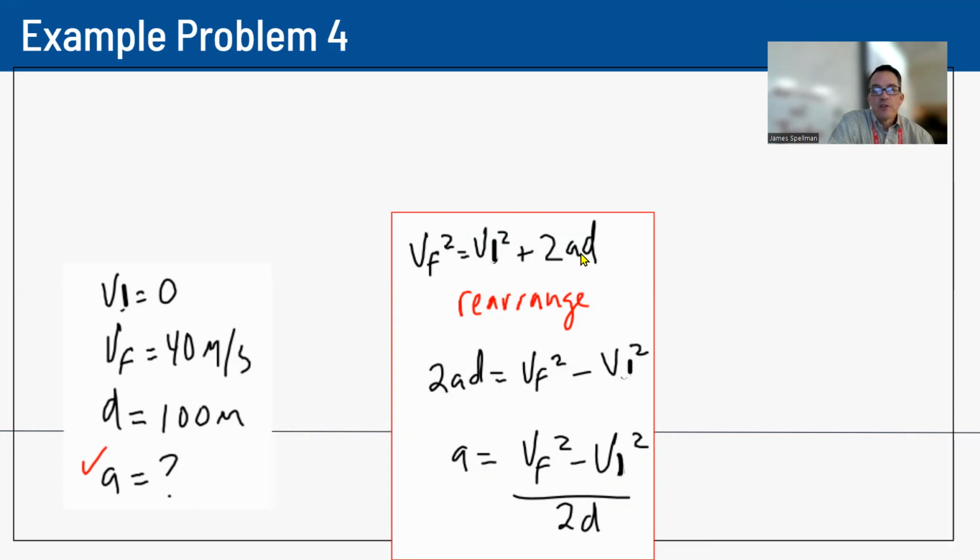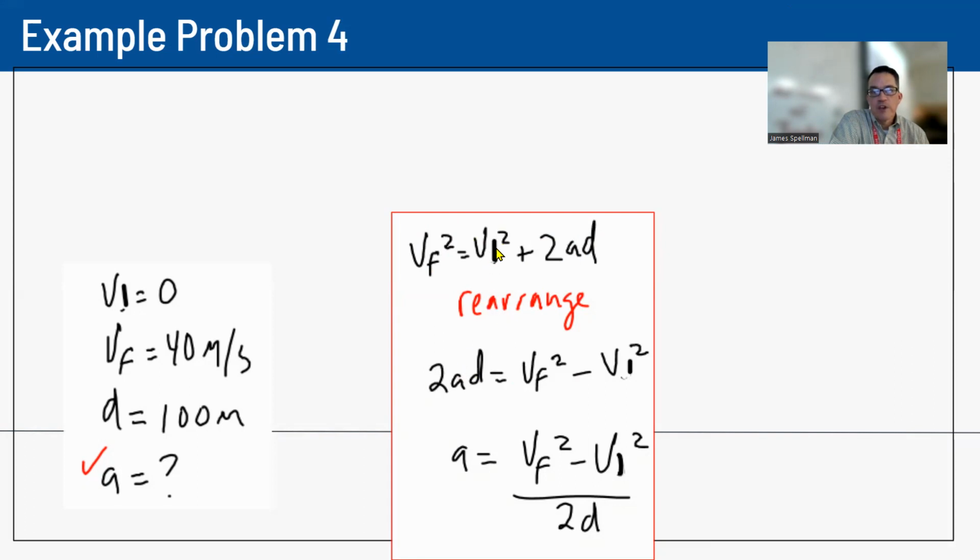We have to rearrange it because we're trying to get A by itself. So this is where some of your algebra is going to have to come in to be able to get things by themselves. Hopefully you see from the first formula down here to the second, we end up subtracting out the VI squared from both sides. So that gets the 2AD by itself.